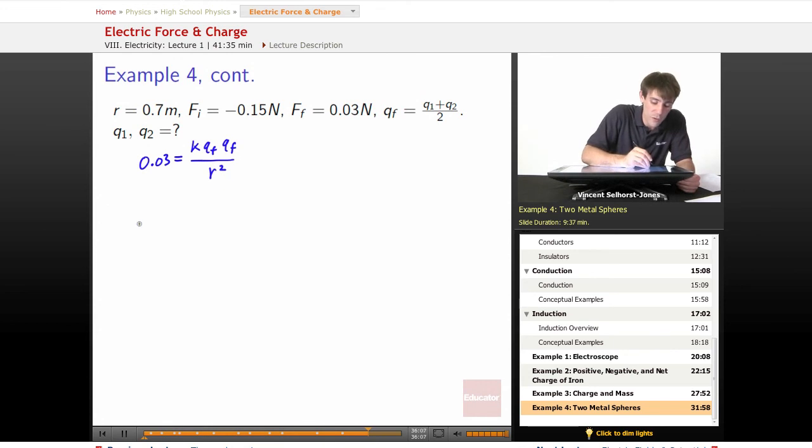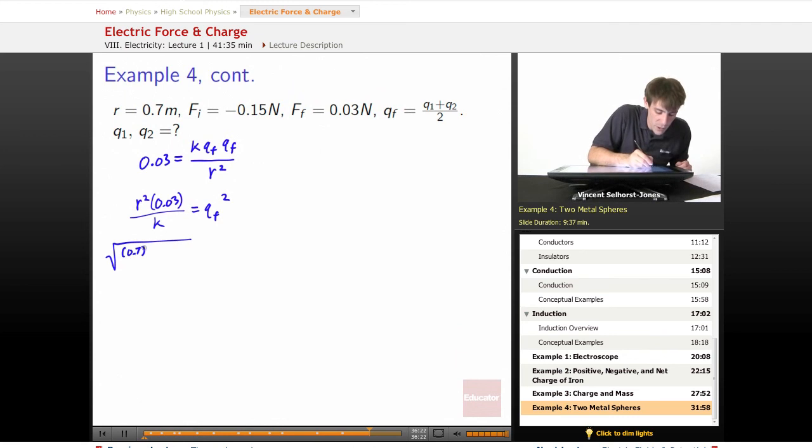We solve for Q final: we get R squared times 0.03 divided by K equals Q final squared. We take the square root of this and plug in the numbers we've got: 0.7 squared times 0.03 divided by the electrostatic constant.